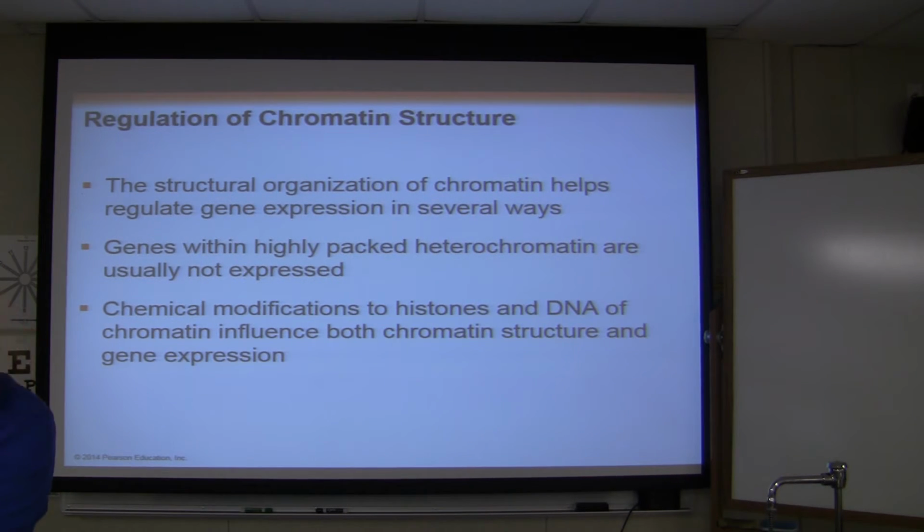Euchromatin, the chromosomes that are loosely packed, we call them eu. Eu means true. Euchromatin can easily unfold and transcription occurs. Am I making some sense a little bit? So heterochromatin is chromatin that is packed together, and that is hard to transcribe.